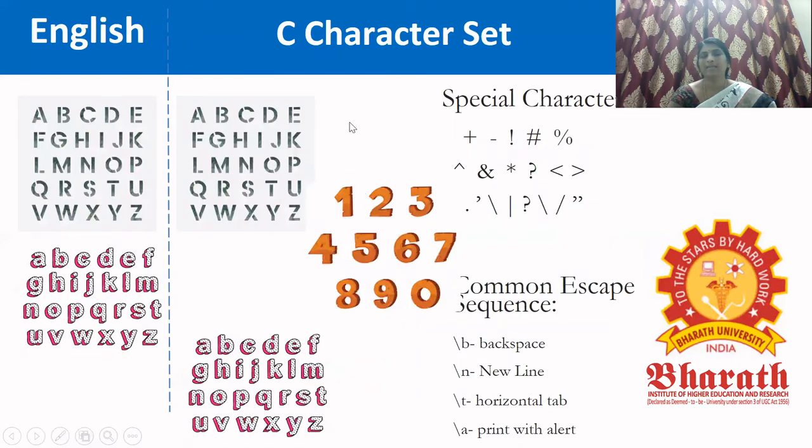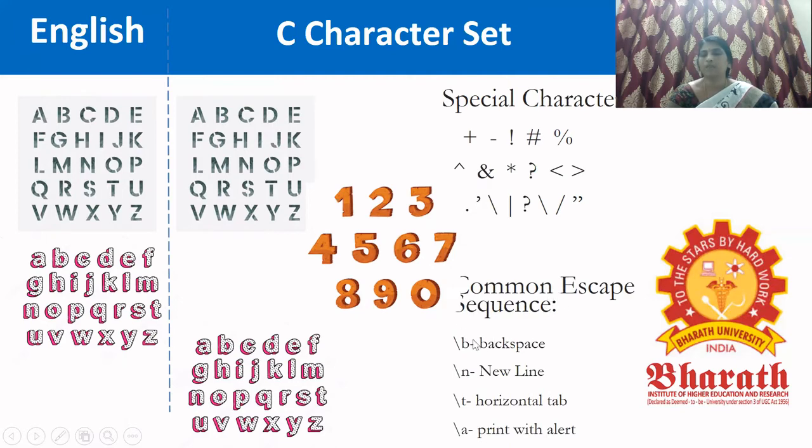Next comes the character set of the C language. As English has a character set, that is, we write essays and stories with the English letters, it has both capital letters and small letters. Similarly, for the C language we have uppercase characters, lowercase characters, numbers, special characters, and common escape sequences.